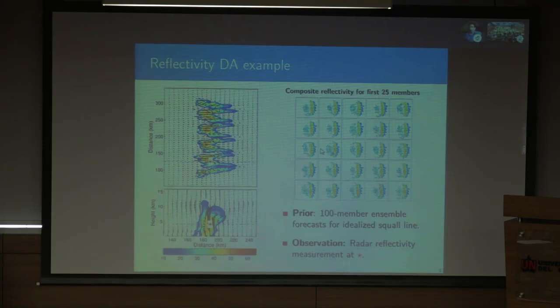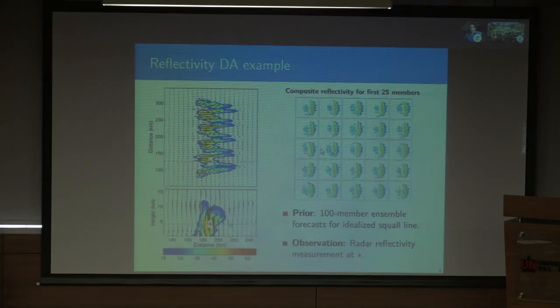And what I'm showing here on the left is one snapshot in time of my truth simulation. And at the start, we have a reflectivity measurement. And so this right here is just going to be a horizontal cross-section through these convective cells. And right here is a vertical cross-section where these dashed lines just correspond to the respective cross-sections.